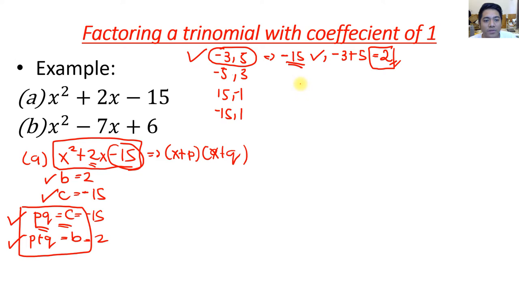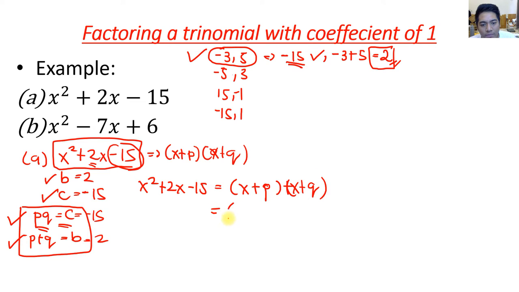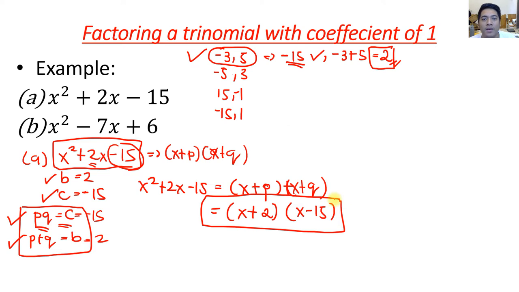So, definitely, x squared plus 2x minus 15 can now be factored as x plus p multiplied by x plus q, so this should be x minus 3 and x plus 5.